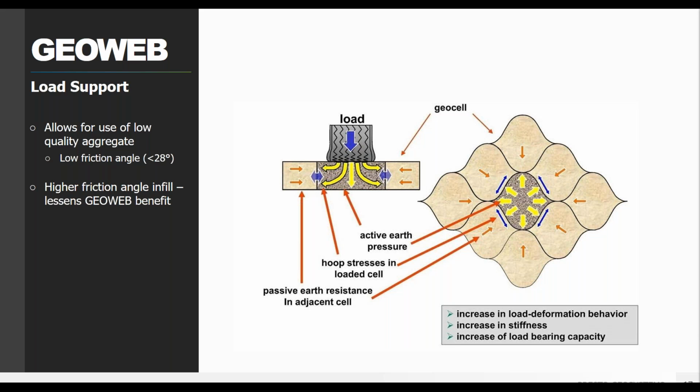All three of those things are going to be important factors in determining how the GeoWeb system can improve the load bearing capacity. And so strong seams, semi-ductile resin properties, and integrated connections are going to be critical to that well-performing uniform system. So the GeoWeb system and its accessories are specifically designed to work together to create that effective solution.